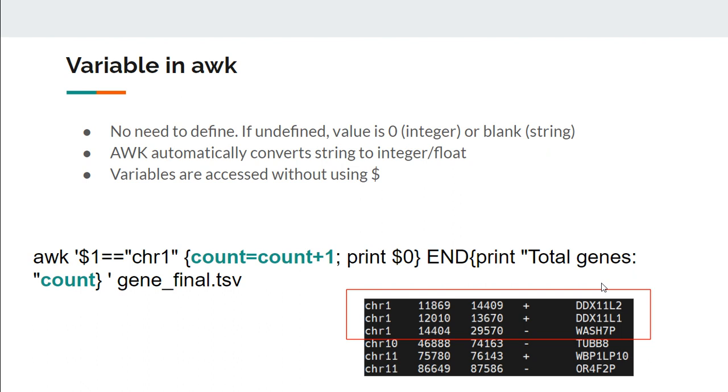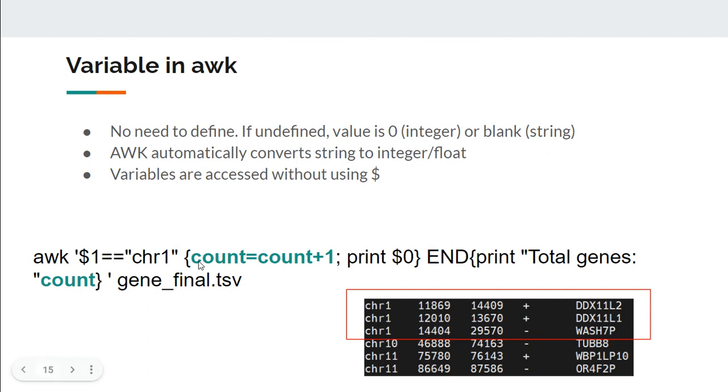Now we move to another very important concept, called a variable. Let's say hypothetically I want to calculate how many genes are there in chromosome 1. How will I do it? I have to loop over each line and check if the first column equals chromosome 1 or not. If yes, then increment the count: the first time it encounters, count equals 1, second time count equals 2, 3, like that.